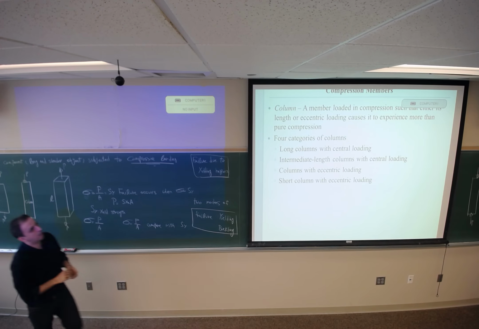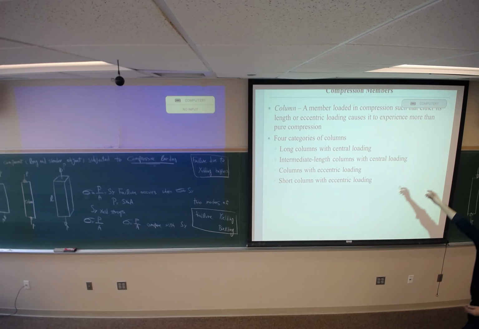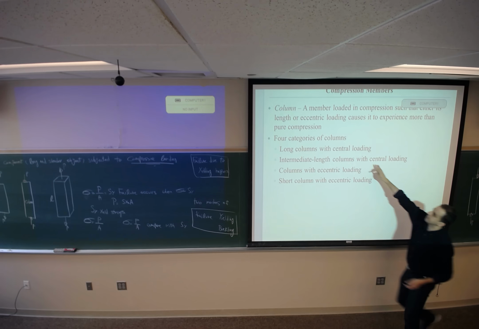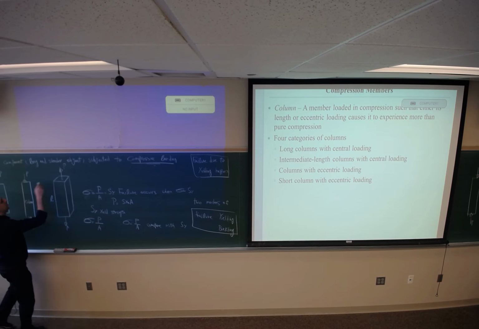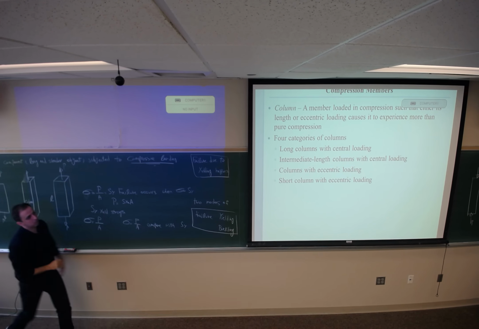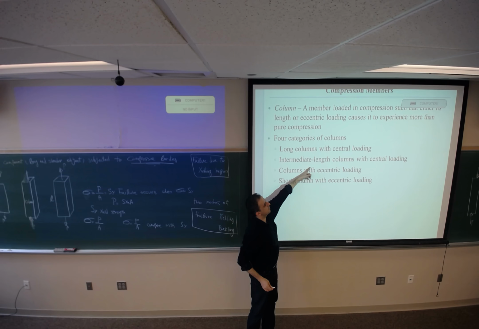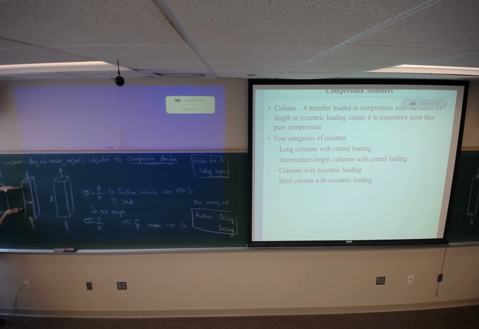There are 4 categories of columns. Long columns, if they are long enough, with the load applied at the center of the column, something like this. That is the first category. The second is intermediate length columns with central loading, shorter columns but still with the load applied at the midpoint.